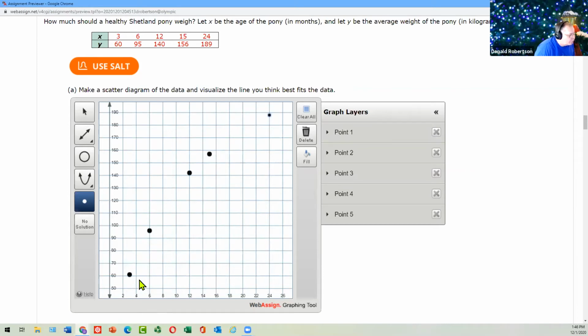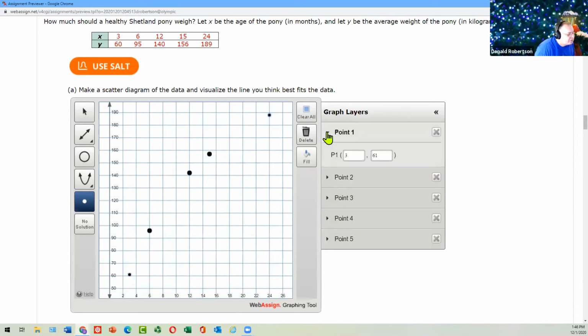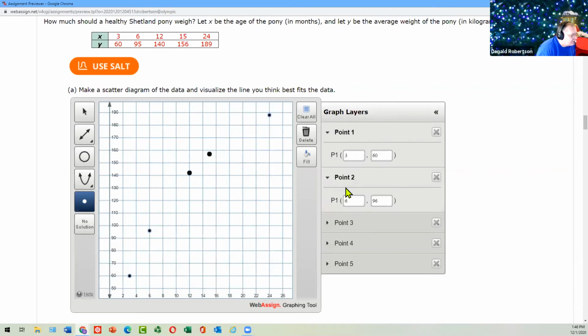Now, I'll go to point 1, which is this one, and I'll click on it. And it should have been 3,60. So all I do is I tweak it. Because see, if you don't tweak it, WebAssign's going to say you're wrong. Now, point 2 was 695. So click on that, fix it. The third point was 12,140.